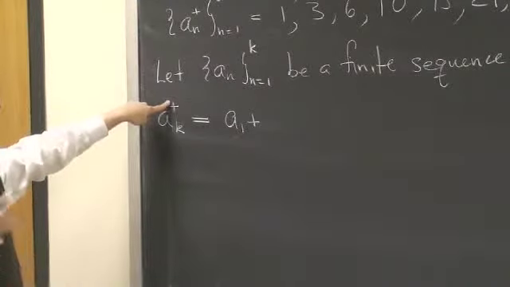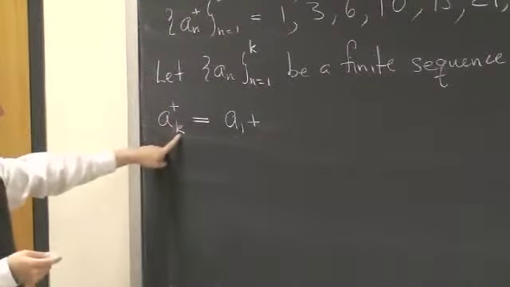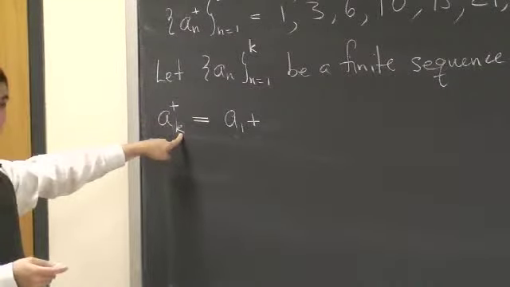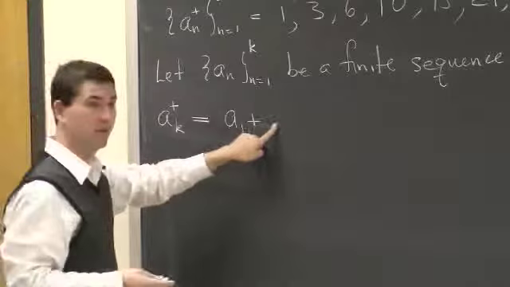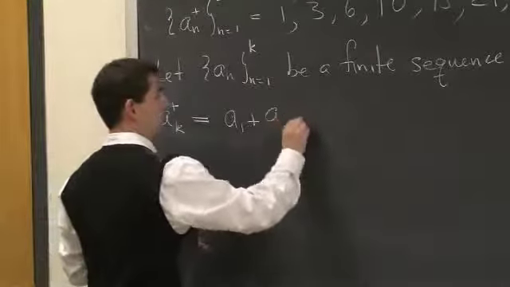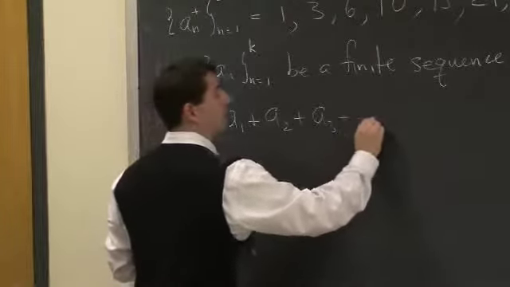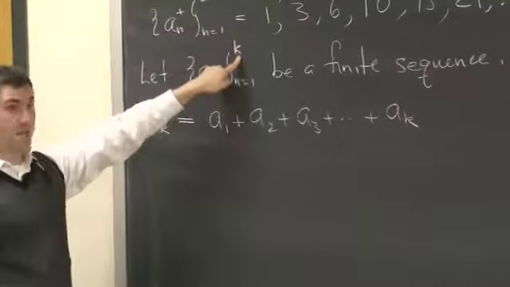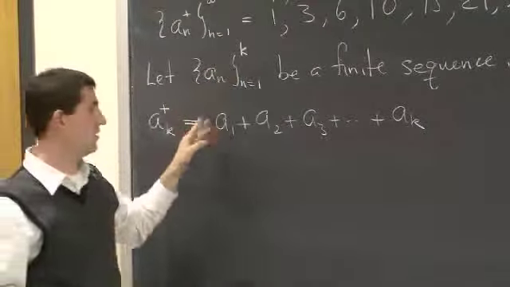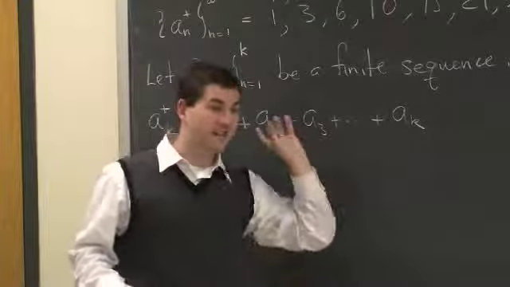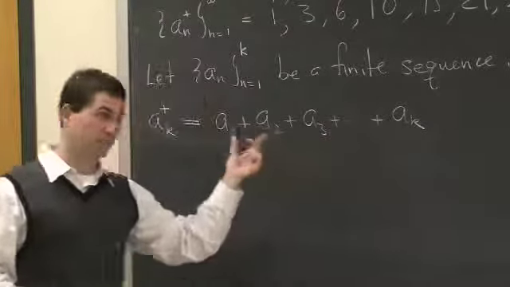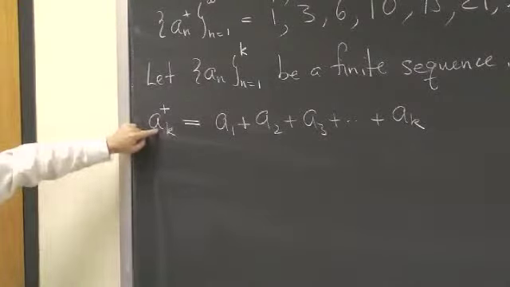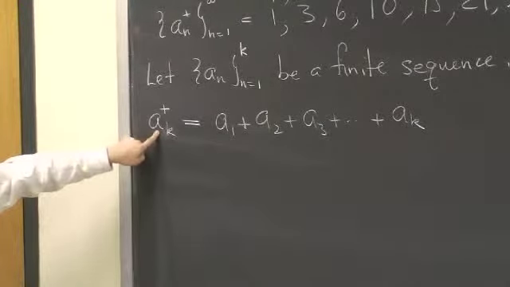It means you're going to add, right? Sum, add. You're going to add all the terms up to AK, so A1 plus A2 plus A3 plus all the way up to AK, and this sequence stops at K. So this is the sum of the entire sequence. So this is a very special term, the last term in our sum sequence.